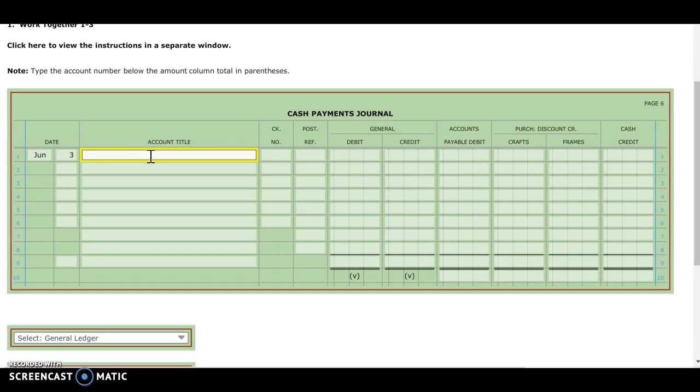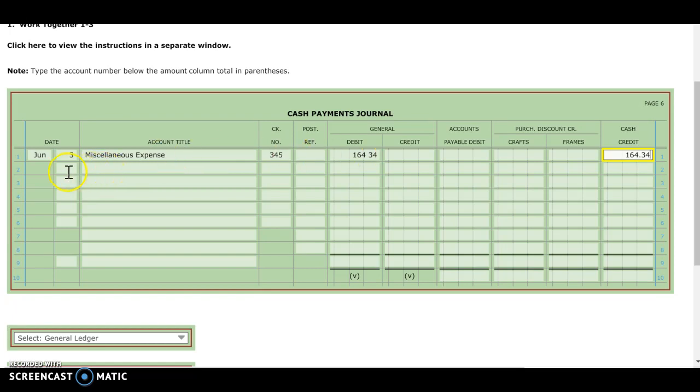But in this case, it doesn't really matter who we're writing that check to because it says that we're paying for a miscellaneous expense. So we're simply going to do our miscellaneous expense. We have check 345, and we're going to debit miscellaneous expense for 164.34, and we're going to credit cash for 164.34.